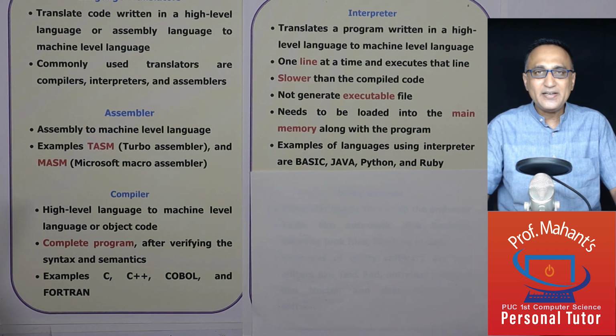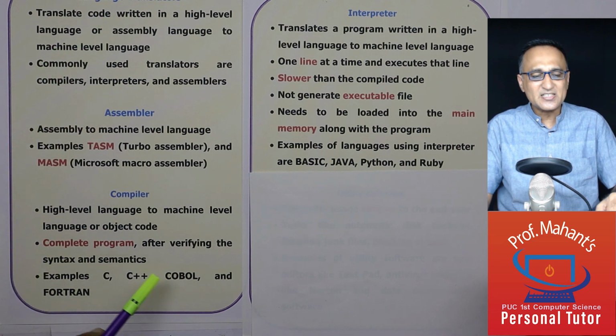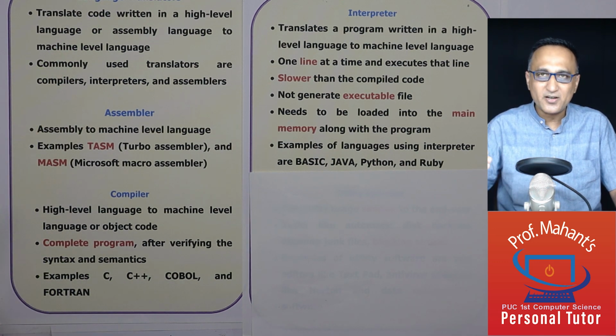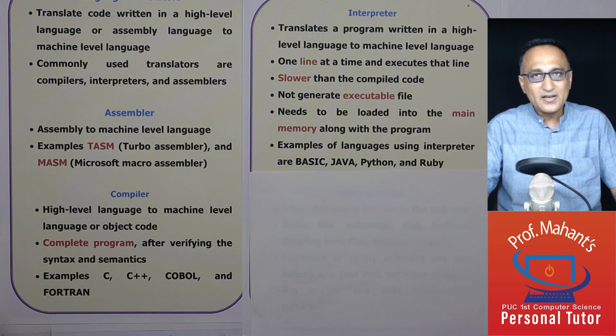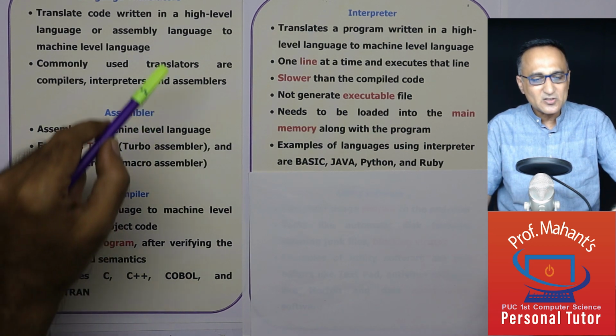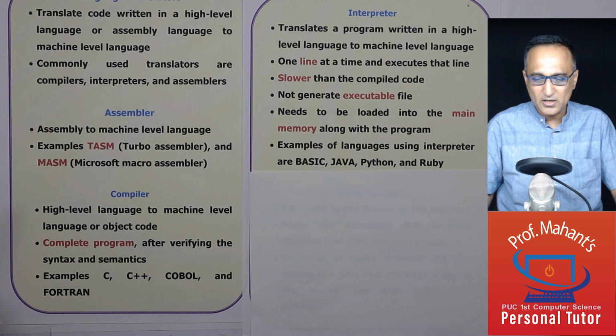The drawback of an interpreter is the code is slower compared to a compiled code. Why is it slower? Because in compiled code, the complete thing is converted into machine language and it can run in one shot. Here, for each line, it takes time to convert it and execute. Read the next line, convert it, execute. Whereas the compiler has already converted the entire thing into machine language and it is executing.